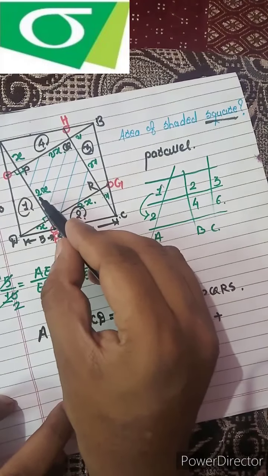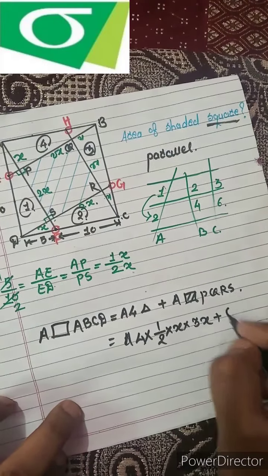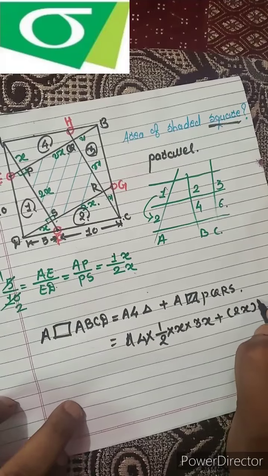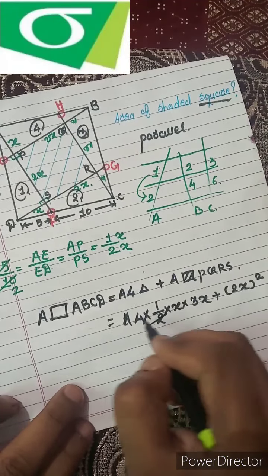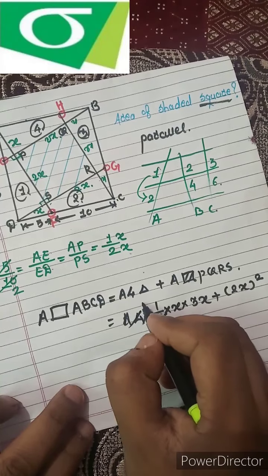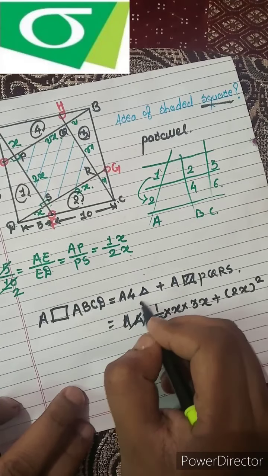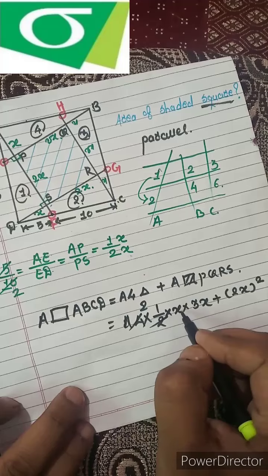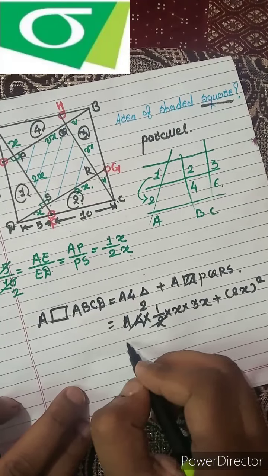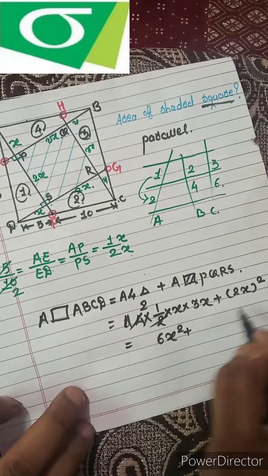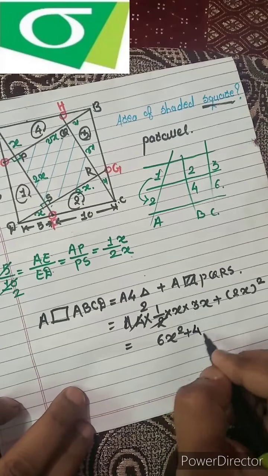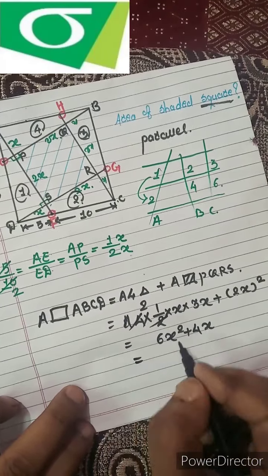What is the side here? 2x, so 2x whole squared. Now do simple math calculations. 2 by 2 becomes 2, and 2x into 3x is 6x squared, plus 4x squared, which is equal to 10x squared.